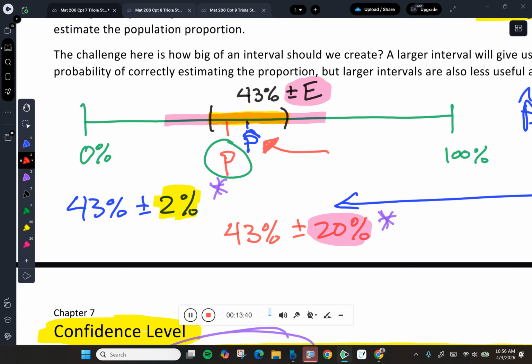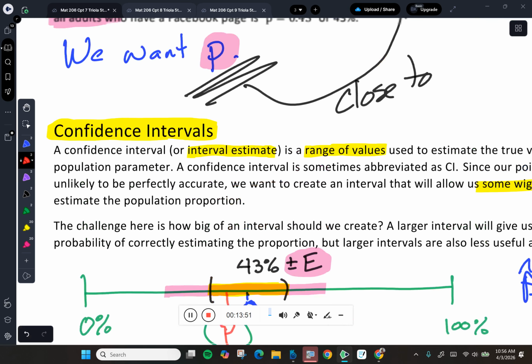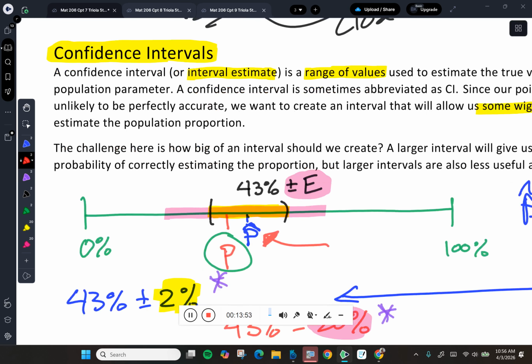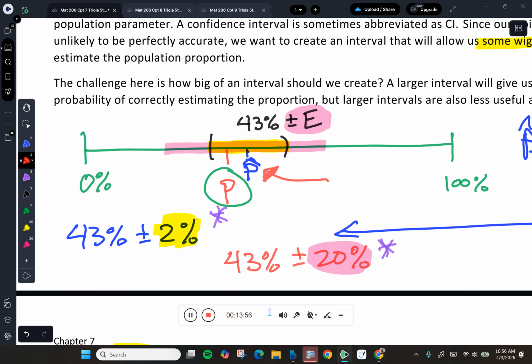Every single time you take a new sample, that estimator is going to change. Because where does it come from? It comes from a sample. That came from talking to 1,487 people. And if I talk to a different group of 1,487 people, I would get a different value than 43%. Now, hopefully, it would be close, but it definitely would be a different value.